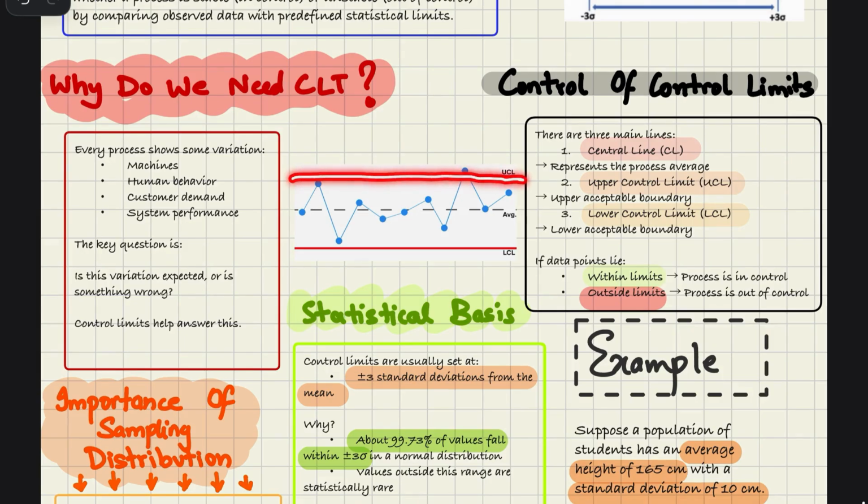And then we have the lower acceptable boundary, LCL, which is at the bottom. If the data point lies within the limits, that means the process is in control. You see these are within limits, and if it is outside the limit, then the process is out of control. Like you can see this data point, right?